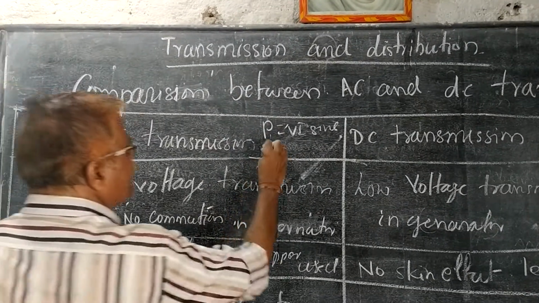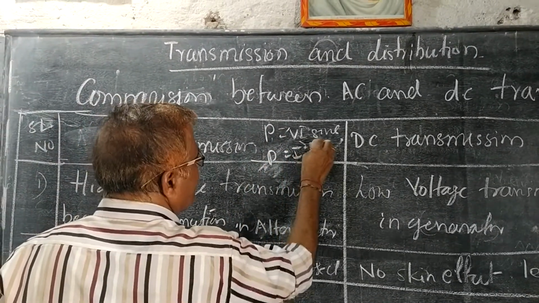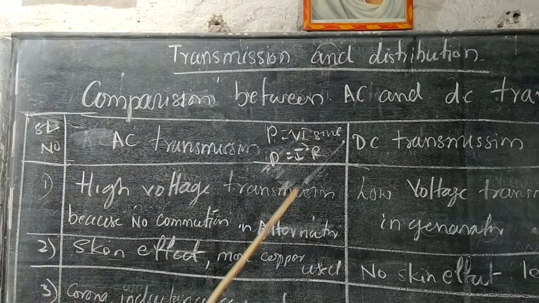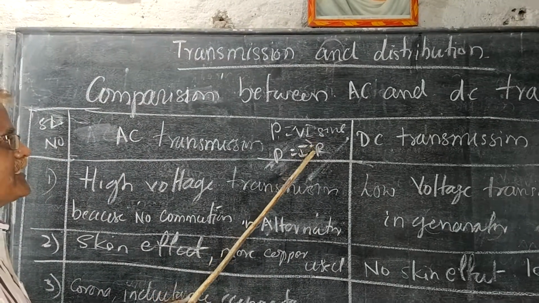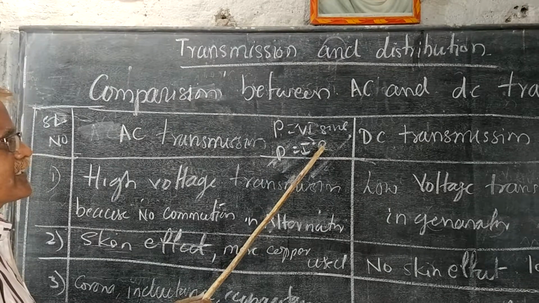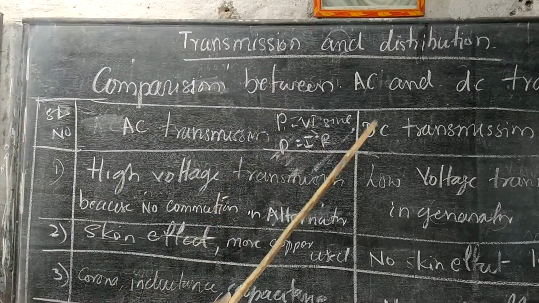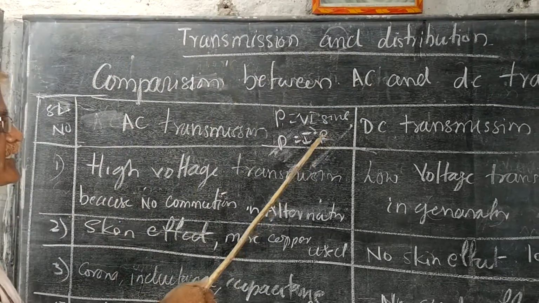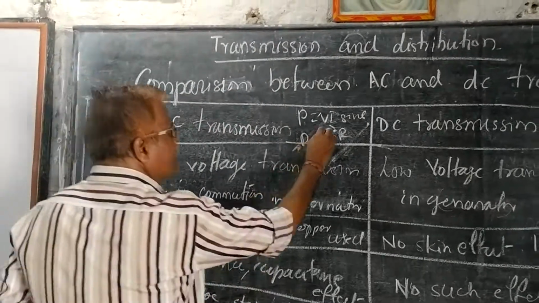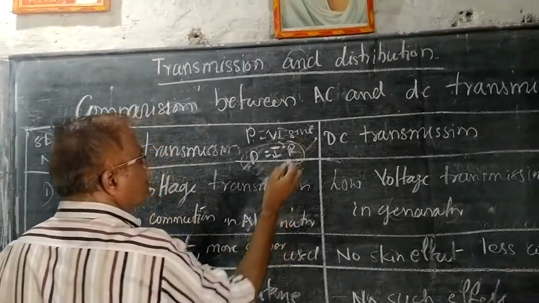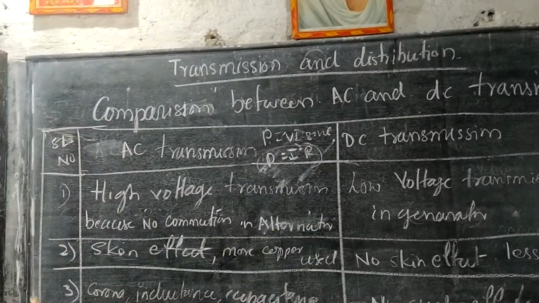That is P is equal to I squared R, where R is the resistance of the transmission line conductor. As the current decreases, this power loss is also reduced due to the higher voltage.